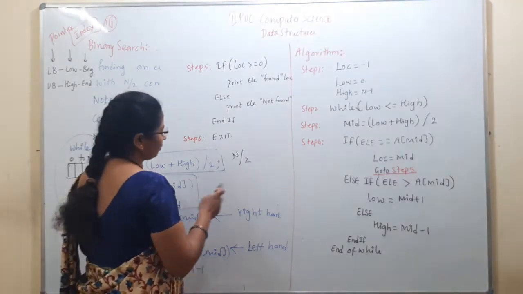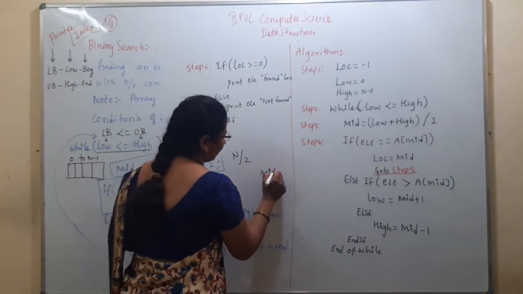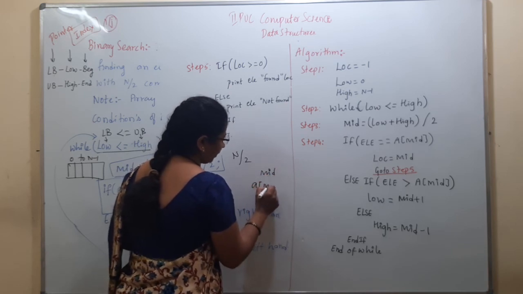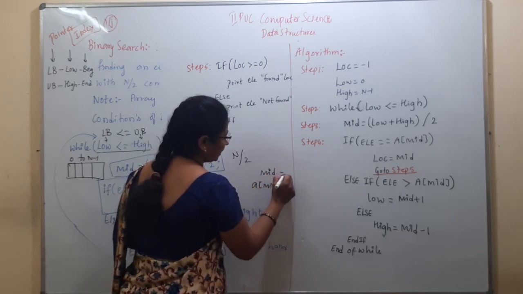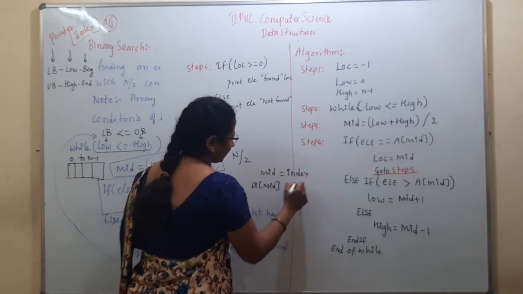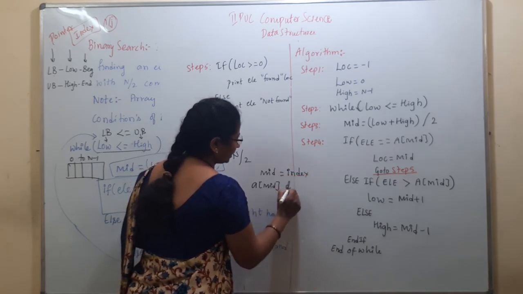There is a difference between mid and A of mid. This is very important to know. This is the index. This is the value present in the index.